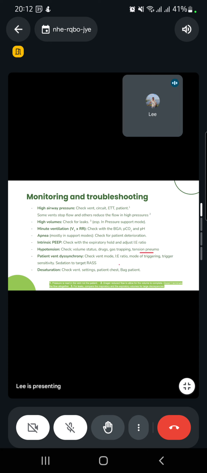Patient vent desynchrony. So you need to check your vent mode. You need to check your IE ratio, your mode of triggering, your trigger sensitivity as well, and the sedation. So I put this here because most times if there's a patient vent desynchrony, somebody will jump right quick to up their sedation, to have a RASS of maybe -4 or -5.